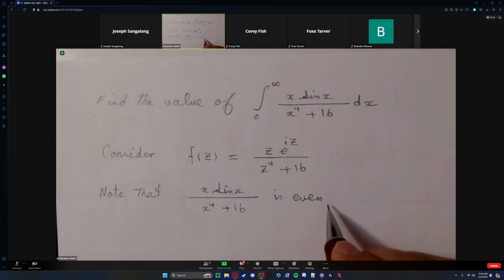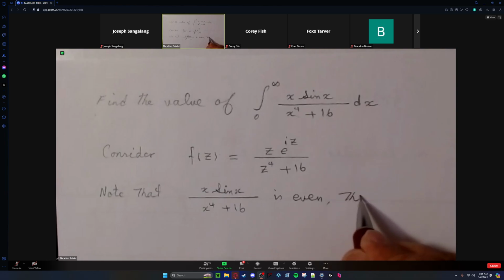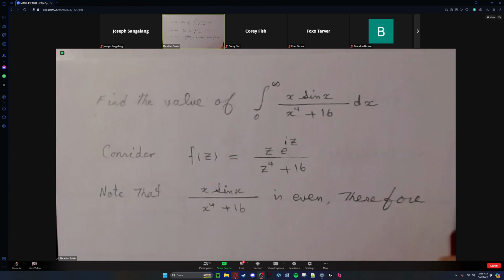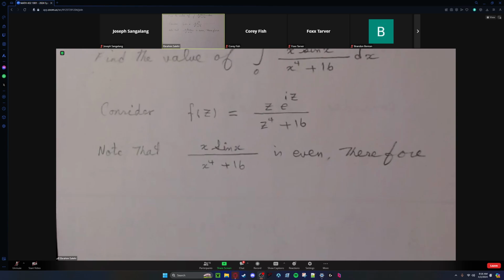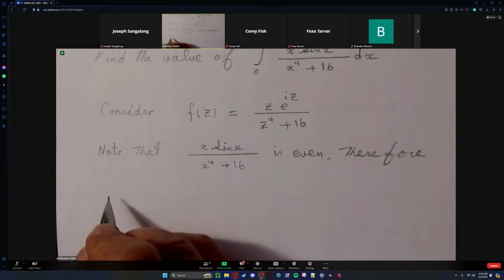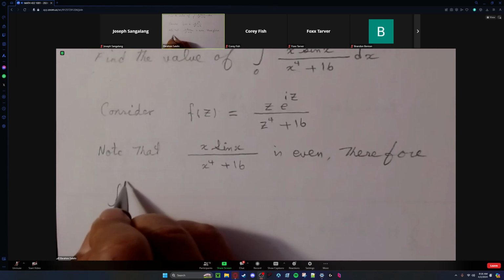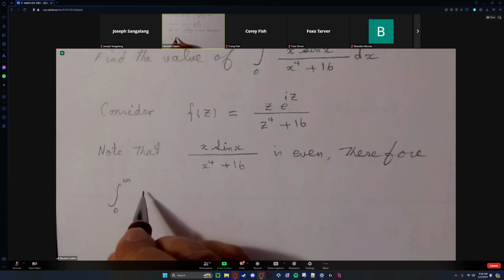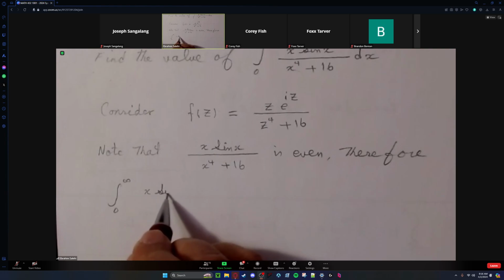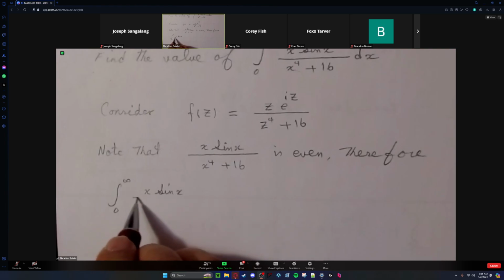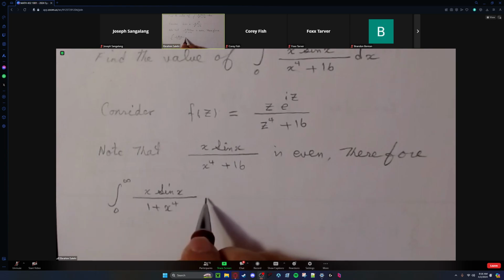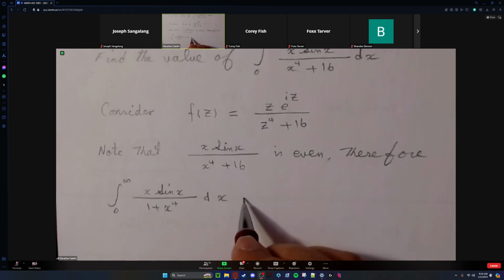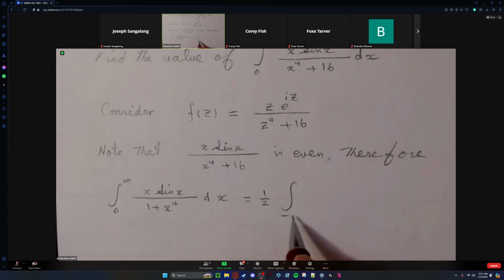Being even, therefore, this integral, from 0 to infinity, we want to find the value of, is just 1/2 of the integral from negative infinity to infinity.